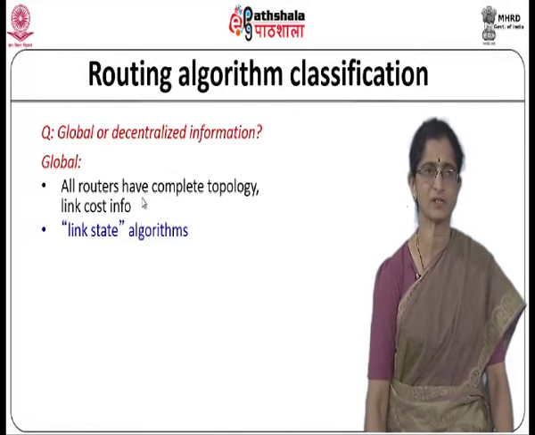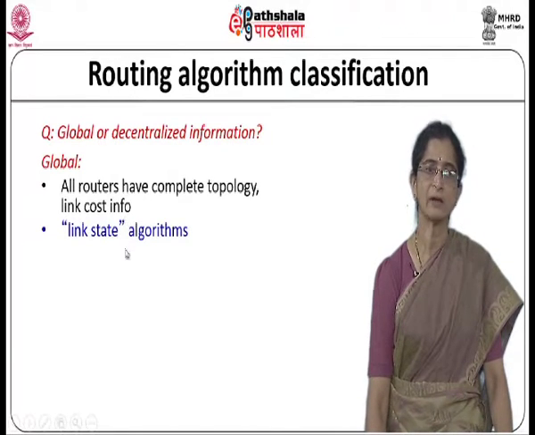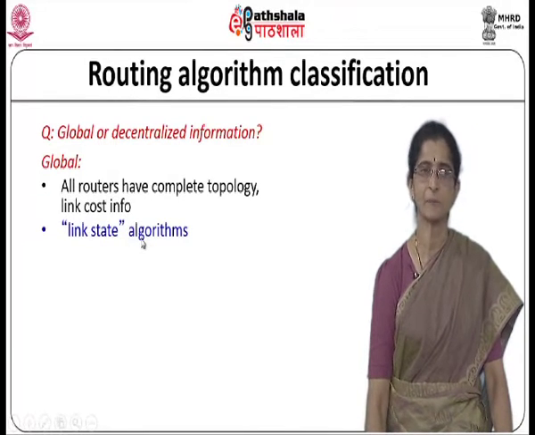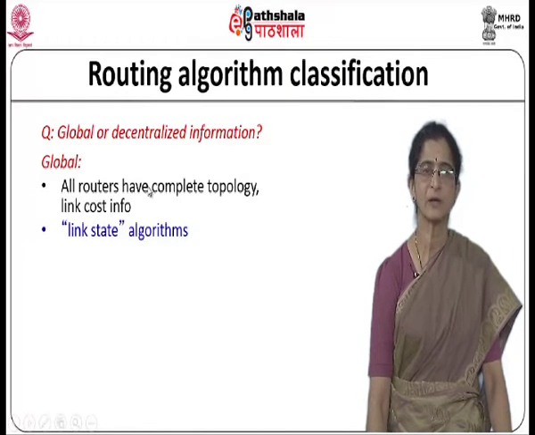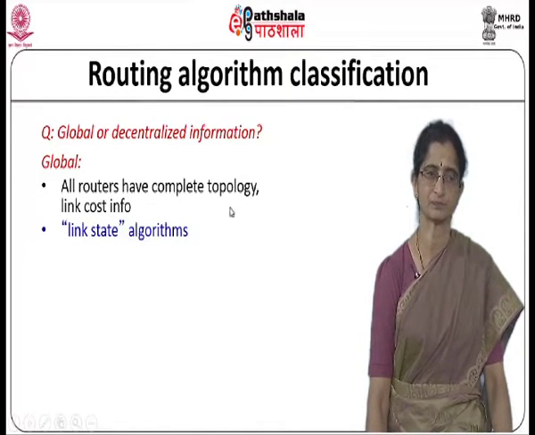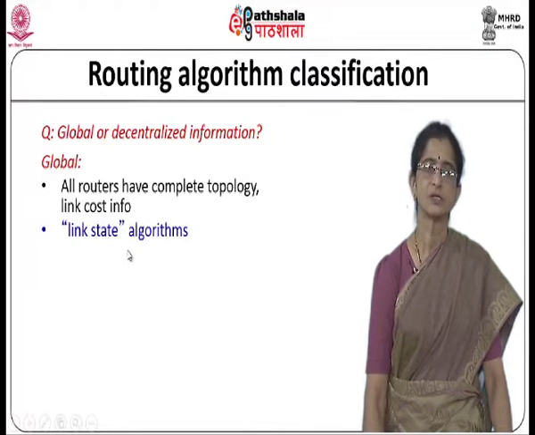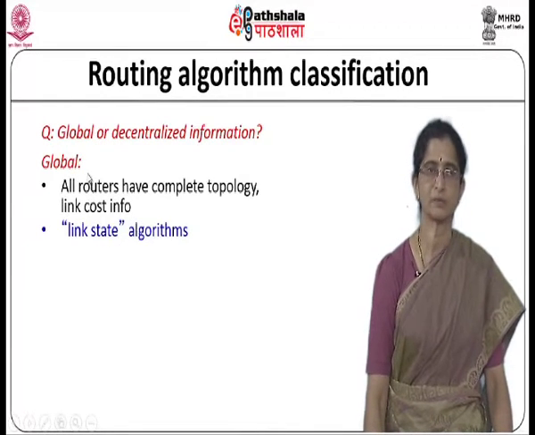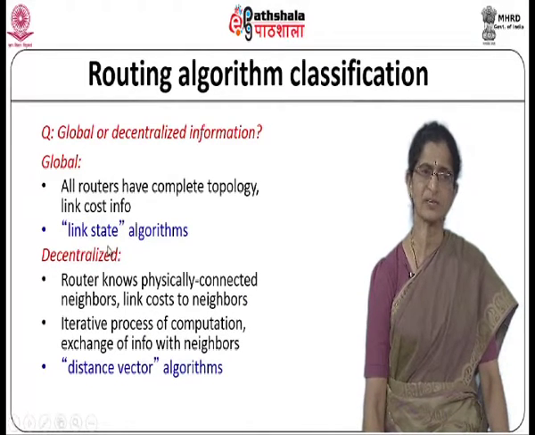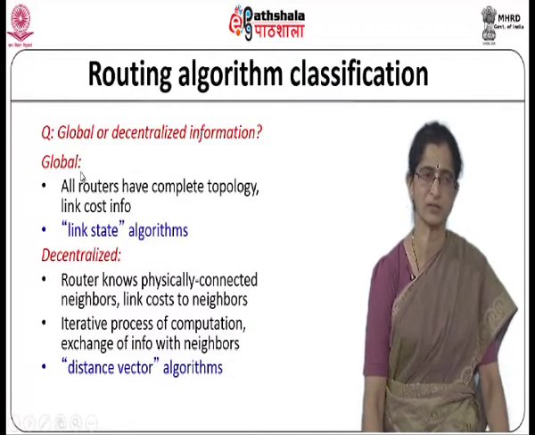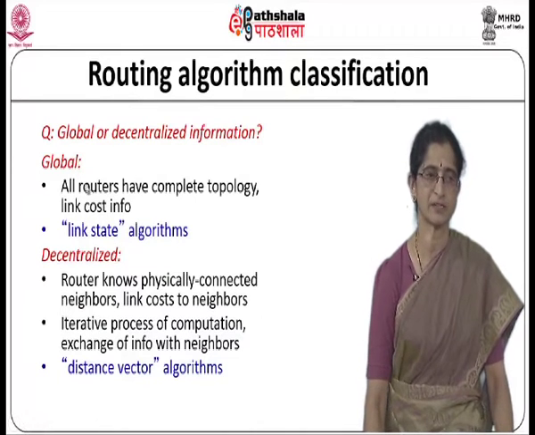The complete network picture must be available to me, and based on that I will identify the path from any source to any destination. So, you need information about the complete topology and the link cost information. Algorithms which work on this kind of information are called link state algorithms. The link state algorithm is an example of such a global information based algorithm.